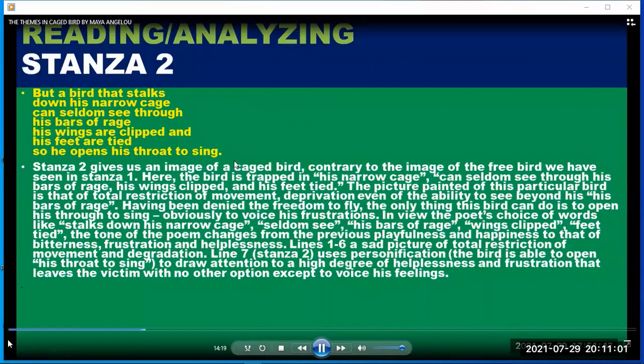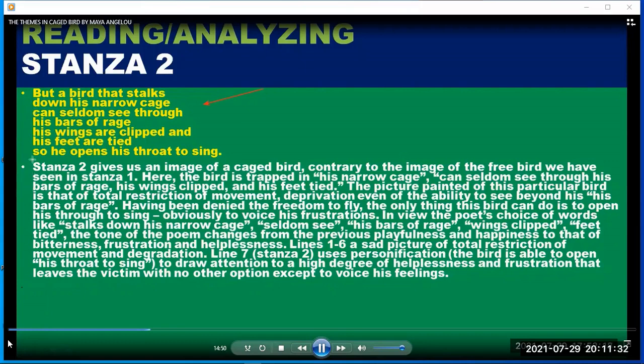But in this video, we are looking at the theme specifically. But then you can't discuss the theme without referring to the very stanzas that contain the content of the poem, because analysis is good when it is actually making direct reference to the content of the literary work. So let's look at stanza 2.